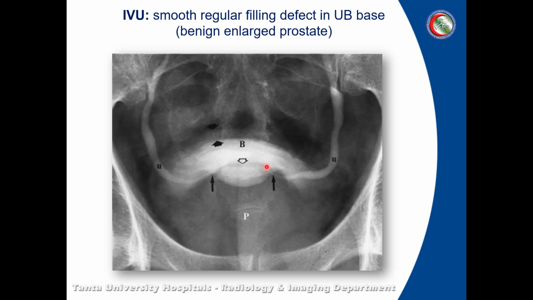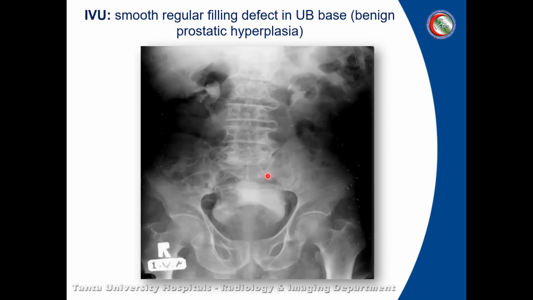There is a smooth, large, regular-shaped filling defect in the urinary bladder base. It is a picture of benign enlargement of the prostate. Another picture, IVU, showing a smooth, regular filling defect in the urinary bladder base, is a picture of benign prostatic hyperplasia or enlargement.